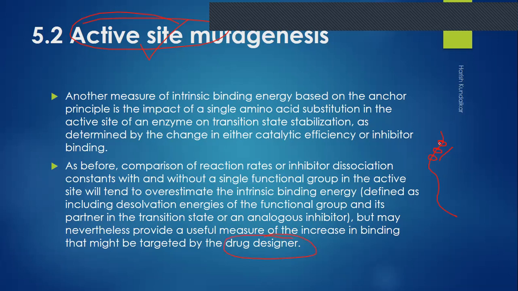We understand which amino acids are important in binding. For example, if a negatively charged amino acid is important in binding, then we can design newer drugs which will have a positive charge on that part of the ligand which is binding to that part of the receptor. That is how active site mutagenesis is important.